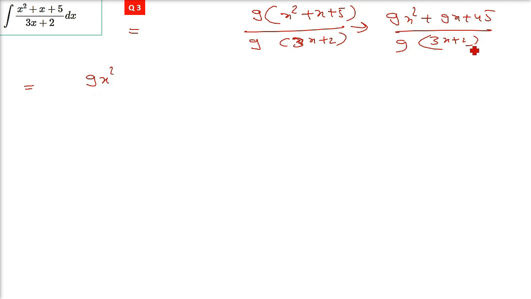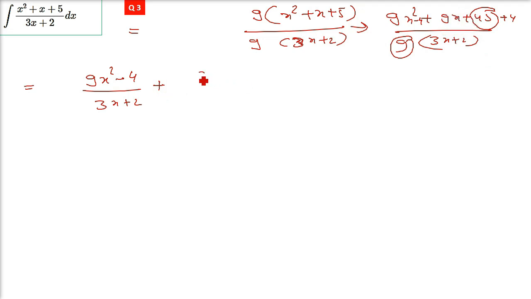Because we already have 45, you can just take this 4 from 45 and subtract also. So basically we are adding and subtracting 4. And this negative 4 comes with 9x square minus 4. We have 3x plus 2 in the denominator.